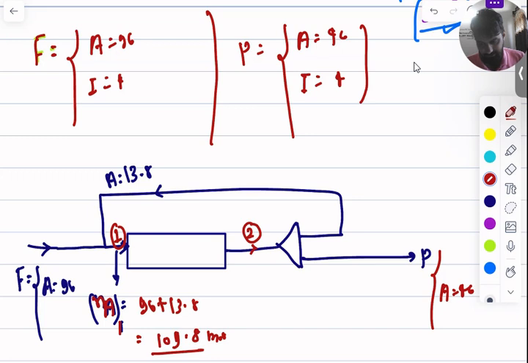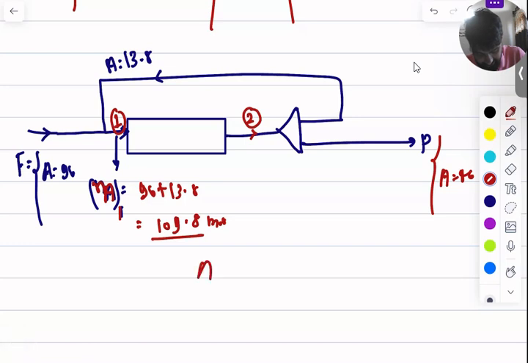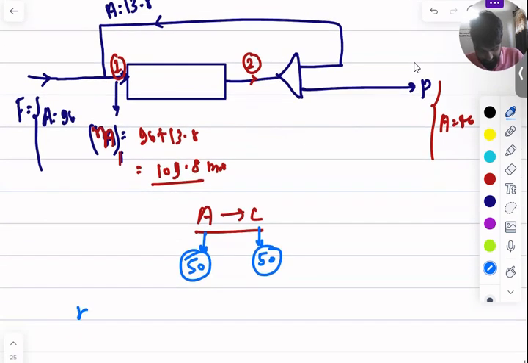That is the first thing. Second thing is that from the stoichiometry of the reaction, A is getting converted into C. So the number of moles of product formed is 50, so the number of moles of A reacted would also be 50. Is that clear?